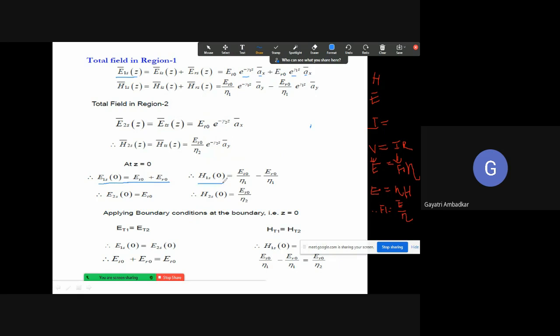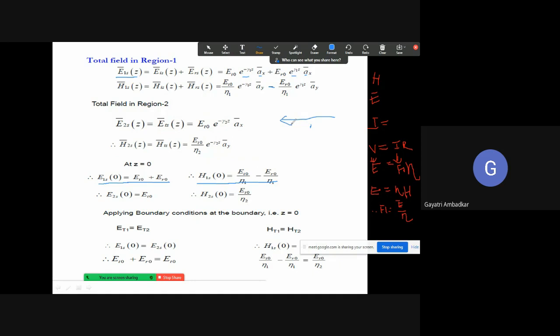Similarly, H1s is equal to Hi0 minus Hr0. Now, why is this? One thing: this is a reflected wave. You see the minus sign here. For a reflected wave, the direction is opposite.